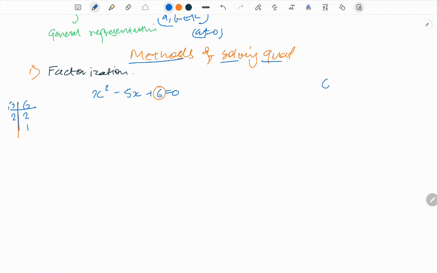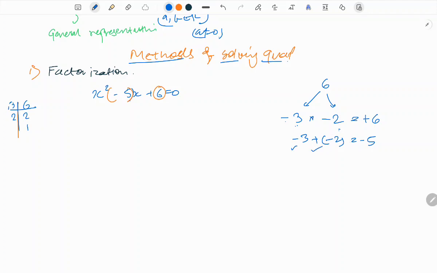So 3 and 2 we write it like this. 6 has two factors, 3 and 2, and now the sum of these factors, listen carefully, must be equal to this middle term. So minus 3 into minus 2 is equal to plus 6, and minus 3 plus minus 2 is minus 5. So now we have got our factors right.